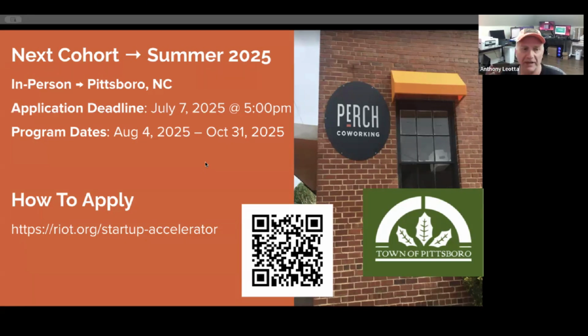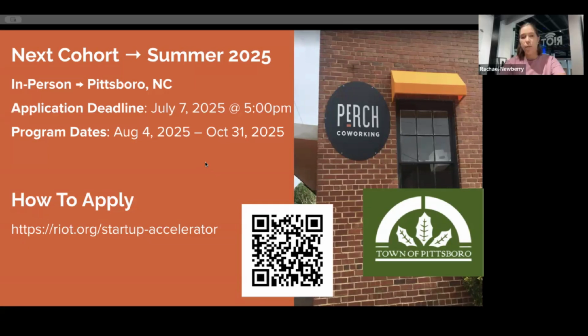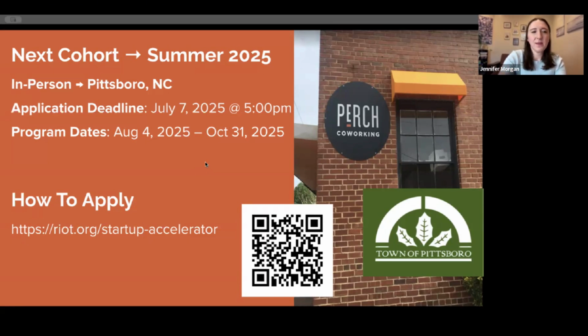So I have two applications I want to submit. Can I do that under one LLC, or do you want me to bundle it? Jen, how would you suggest handling that in F Success? Ooh, that's a great question. I don't know the answer off the top of my head, but Anthony, I will shoot you a message back.